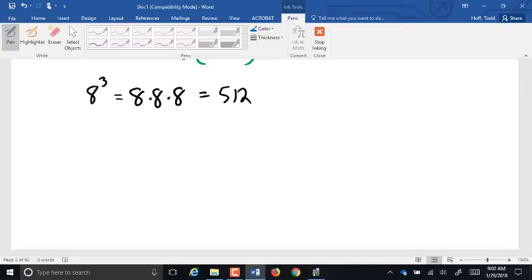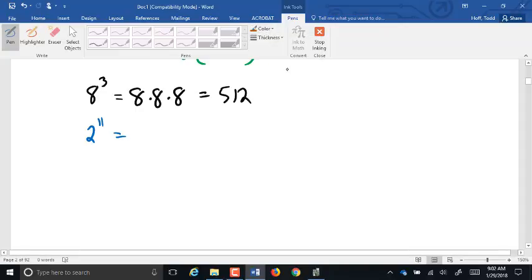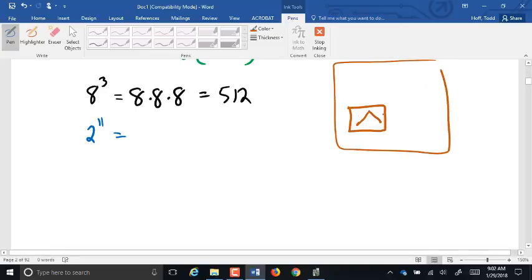Now that one wouldn't be so bad to just punch into your calculator as 8 times 8 times 8. But if I had something like 2 to the 11th, we don't want to be trying to punch that one in and trying to count as that 10 twos or 11 twos or how many you put in. So there is a key on your calculator. Depending on your calculator, most of you will have a key that looks like that. It's called the caret key. On the TI-30, it's on the left side about halfway down the keyboard.